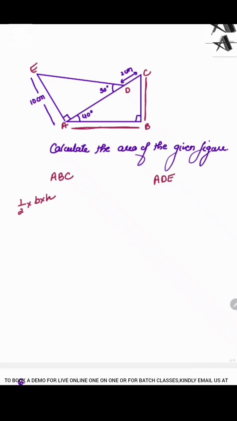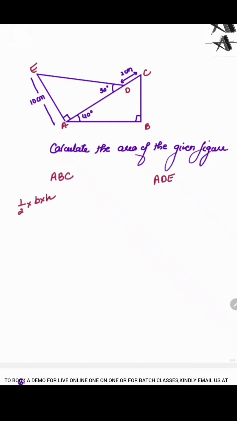But for this triangle, only one thing is known, that is the angle. So we can't initiate our process from this triangle. Instead, we have to initiate from triangle EAD. I told you before as well that we always start with that triangle whose maximum parameters are known. Obviously, the maximum parameters are for EAD because we know one angle as well as one side.